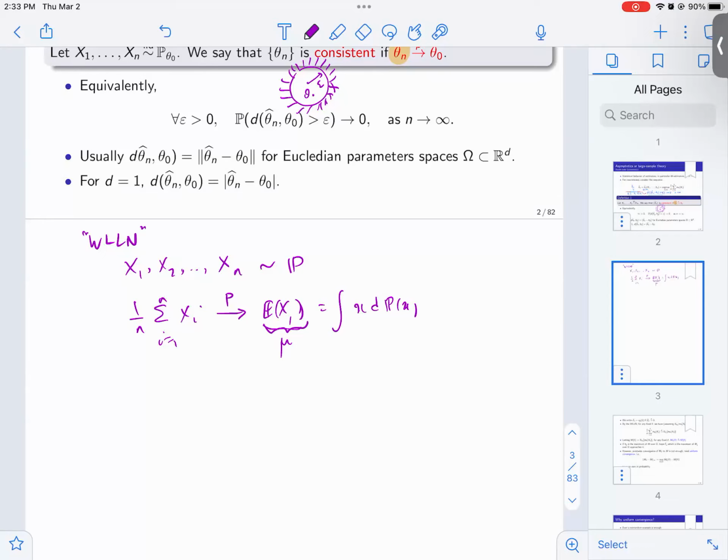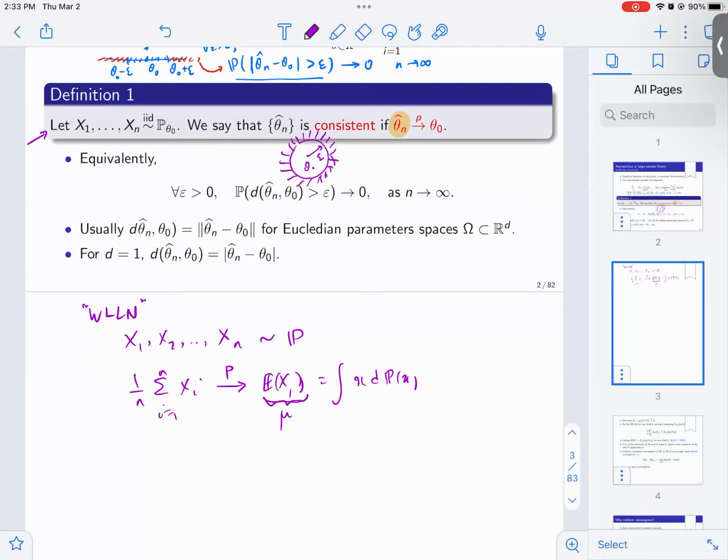If you want to interpret this from a statistical perspective, can I say something is being consistent? This is saying that something is consistent for something else. The sample mean is a consistent estimator for the mean. Yes, great. So the sample mean is a consistent estimator of the population mean. Whatever the distribution is, this could be one member of a giant family. It doesn't matter if the parameter that I'm trying to estimate is the mean of P. Sometimes you'd see it written as mu of P, which is really a parameter of the distribution.